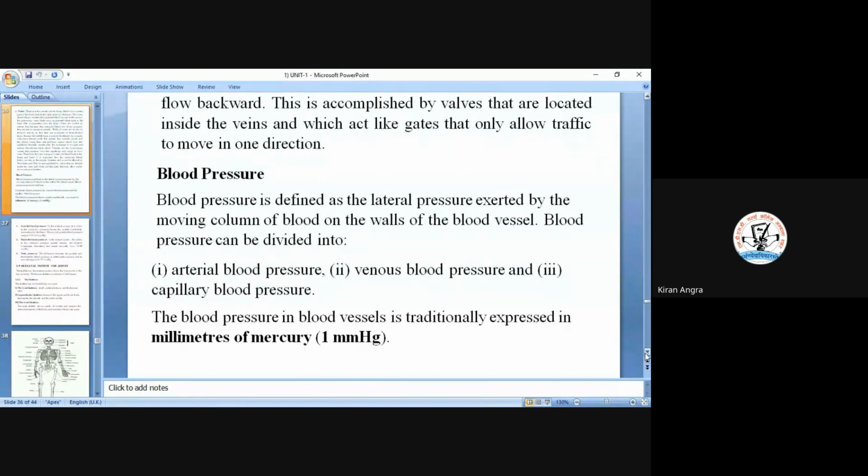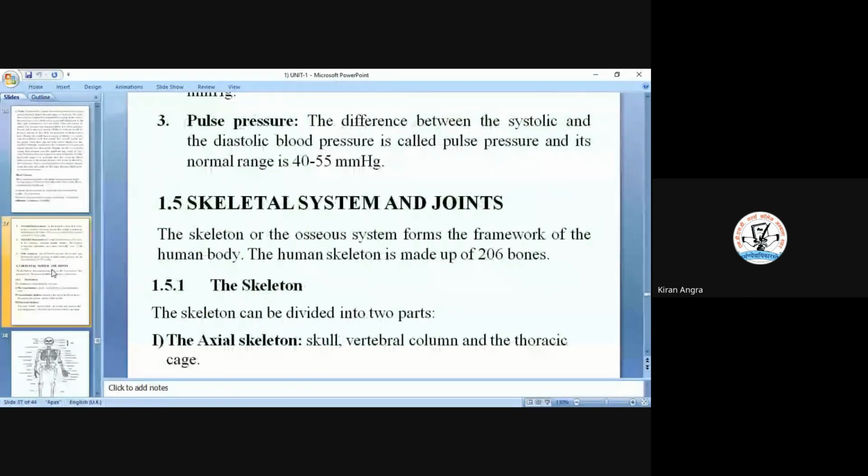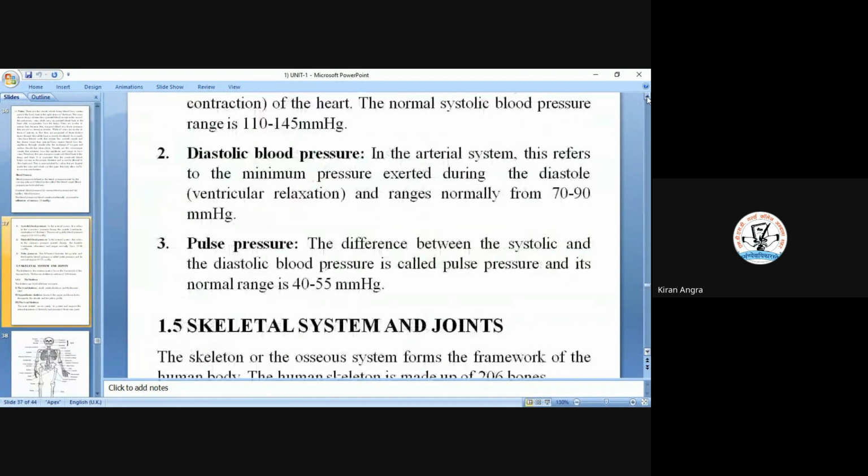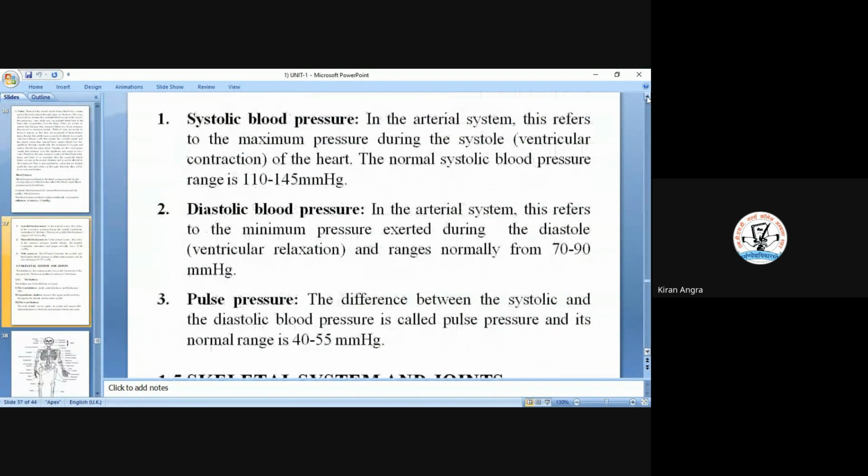That normally ranges between 70 to 90 millimeters Hg. The difference between systolic and diastolic pressure is called the pulse pressure, and it is normally 40 to 55 millimeters of mercury.